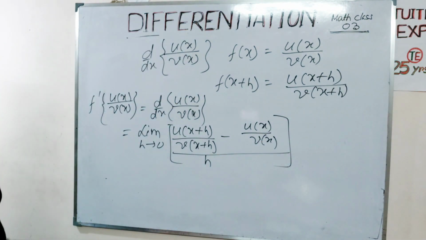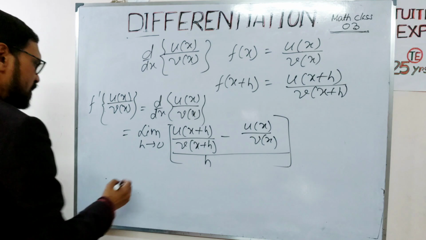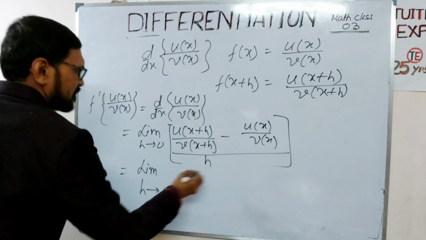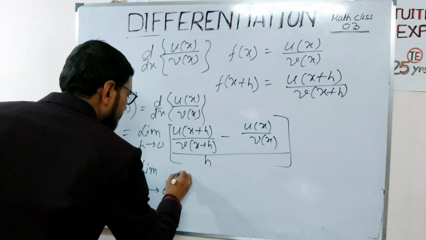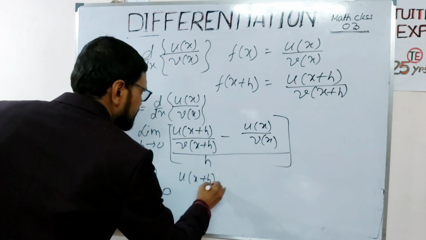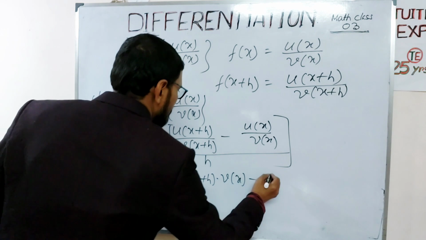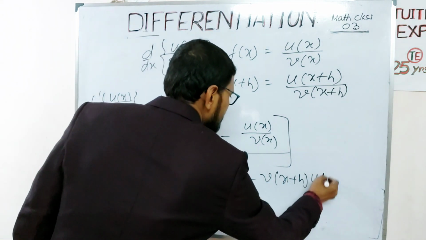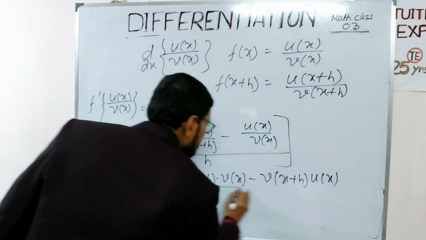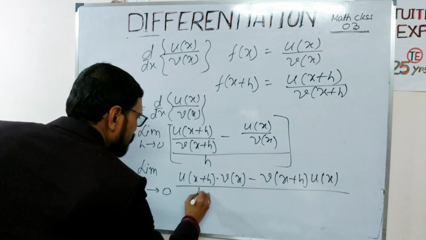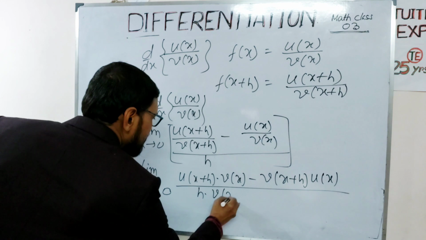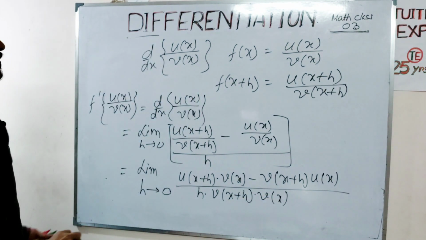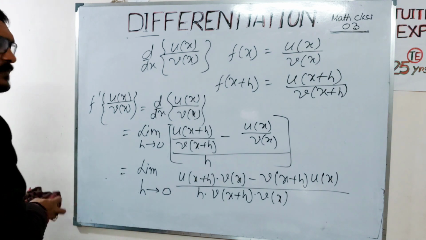Now this becomes this into this, minus v of x plus h into u x, divided by h into v of x plus h into v x. Now what is the result?